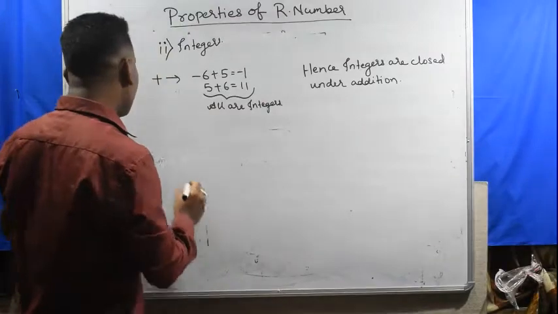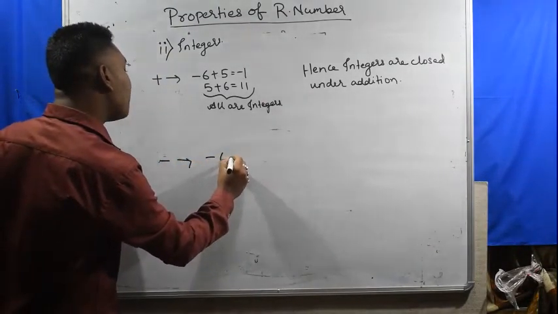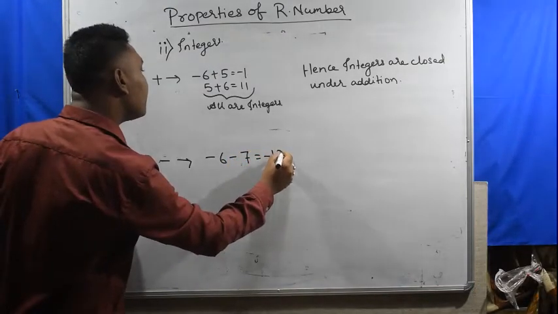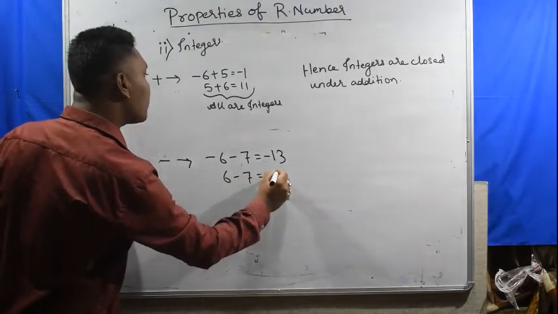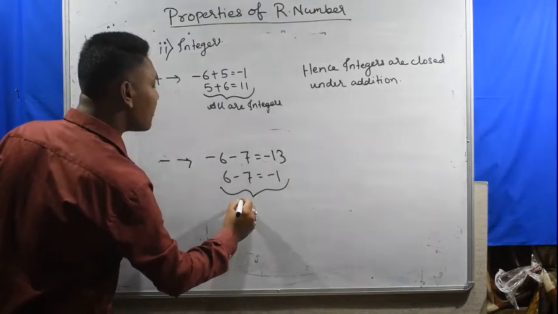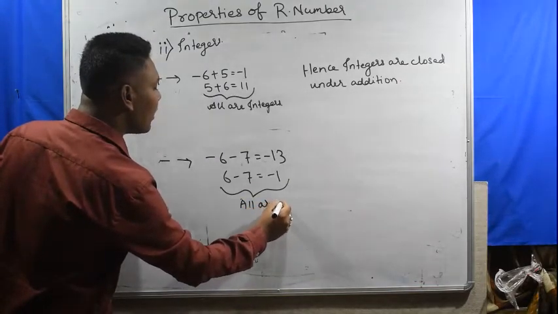For subtraction, minus 6 minus 7 is equal to minus 13. 6 minus 7 is equal to minus 1. All are integers.